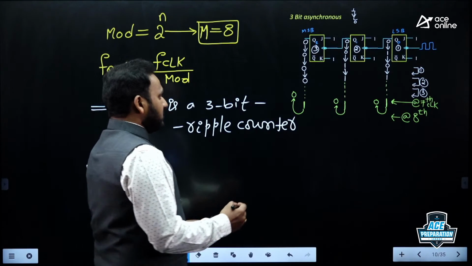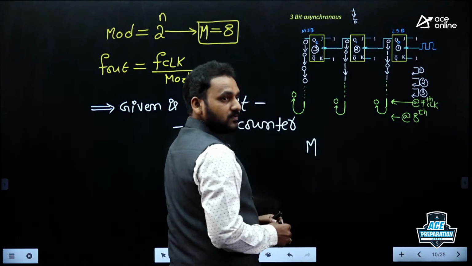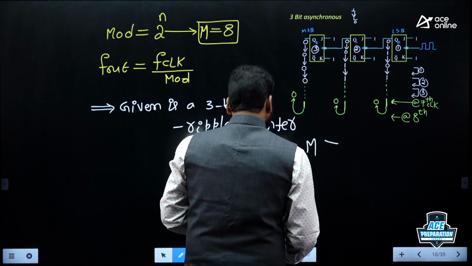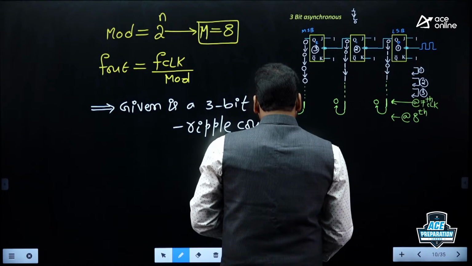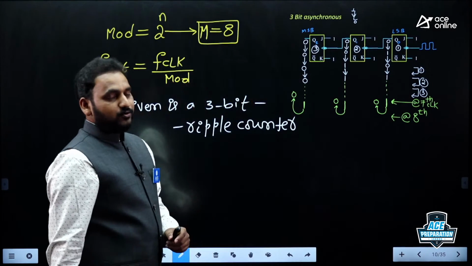So, generally the relation between modulus number and the number of flip-flops should be like this: M should be less than or equal to 2 power n. While designing the mod 10 counter, I will let you know this.